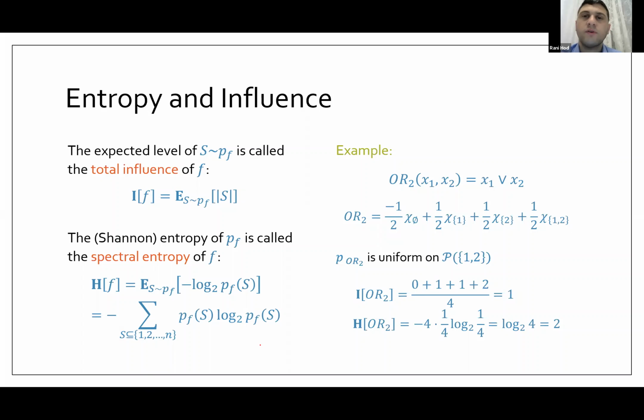Usually OR doesn't give us the uniform distribution, but in this case, we can compute the influence. That would be the average of 0, 1, 1, and 2. And we can also compute the entropy. So the entropy is log 2 of 4. That would be n, small n. Okay, so that's an example. Any questions about these definitions?